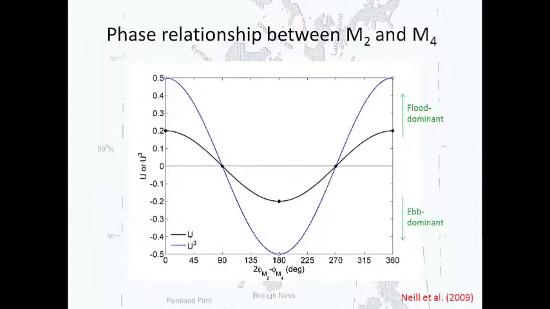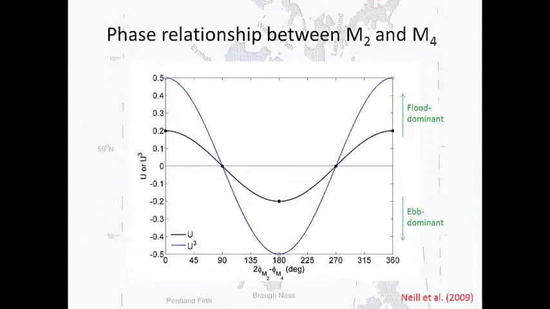And you can see that there's symmetry when this phase relationship is 90 degrees or 270 degrees, and there's maximum asymmetry when this phase relationship is 0 degrees or 180 degrees. So you can either have flood dominance or ebb dominance based on this phase relationship. And of course it just repeats. This is 360 degrees, it just repeats.